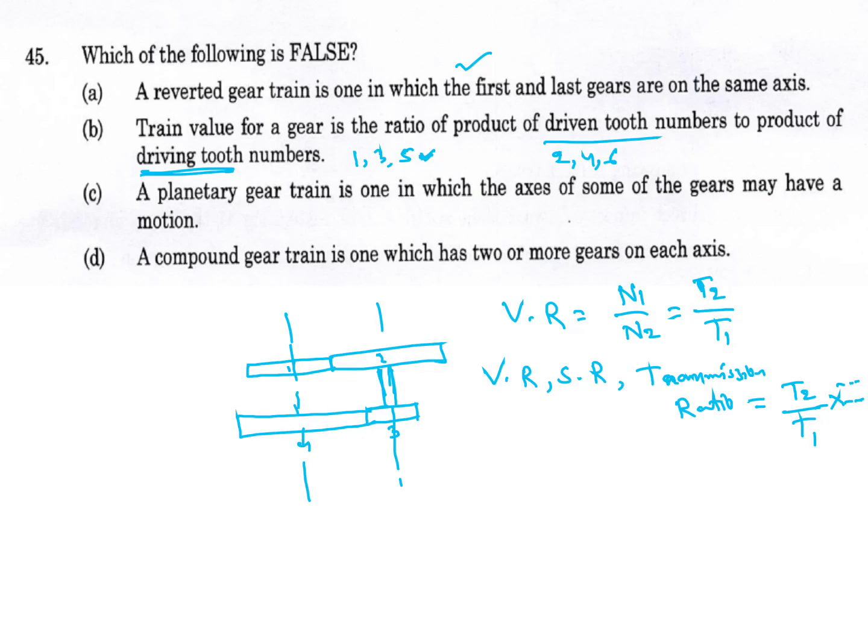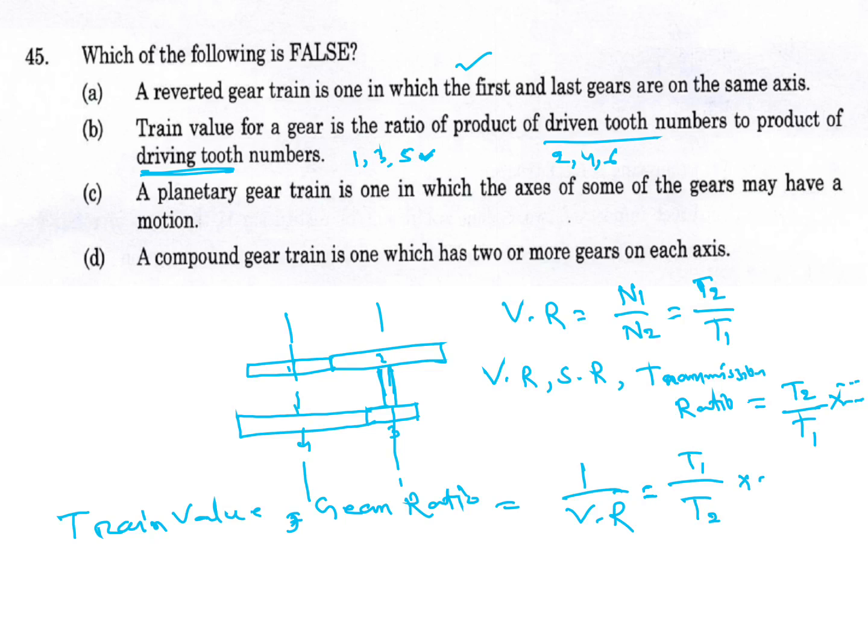Then your train value and your gear ratio are 1 by velocity ratio. Here you will get odd numbers divided by even numbers.